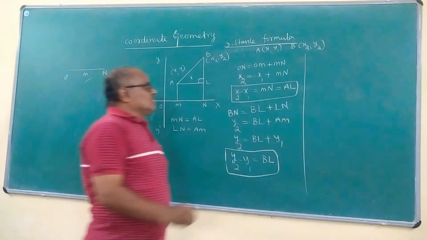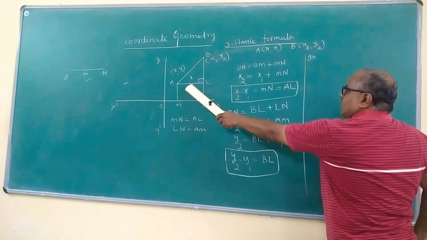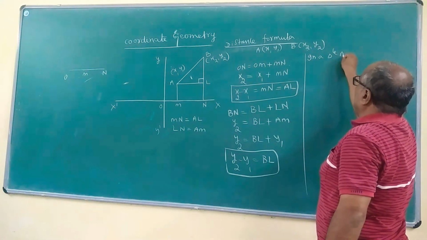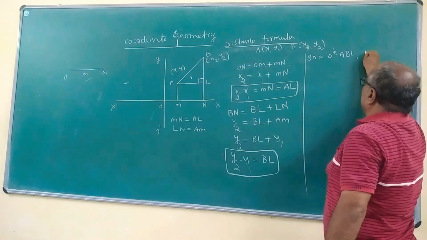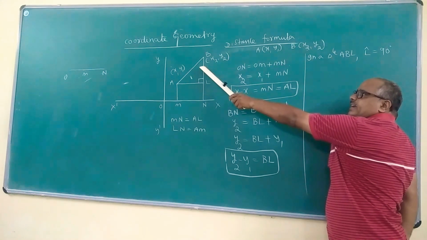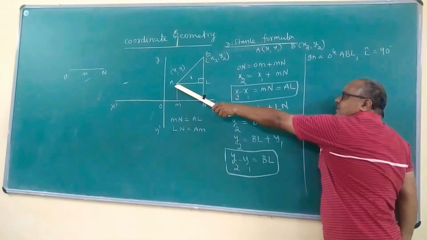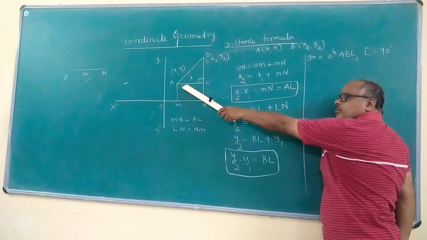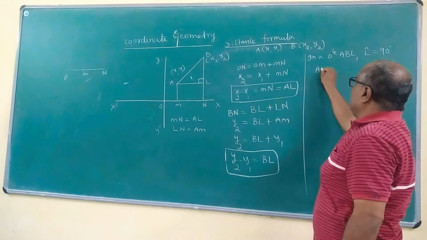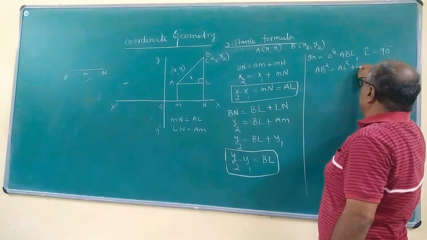According to the Pythagoras theorem, the square of the hypotenuse is equal to the sum of the squares of the other two sides. Therefore, AB square is equal to AL square plus LB square.